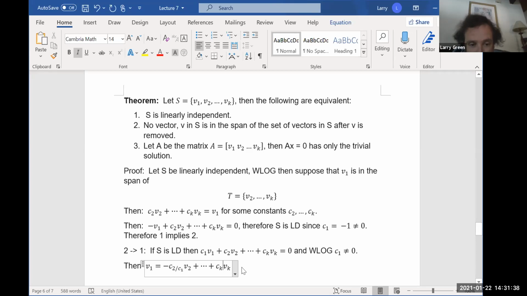Minus dot dot dot minus CK over C1 VK. It's minus because we brought it over.